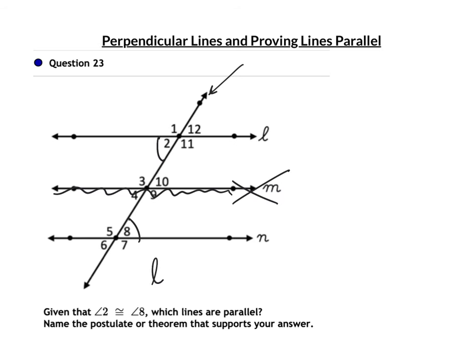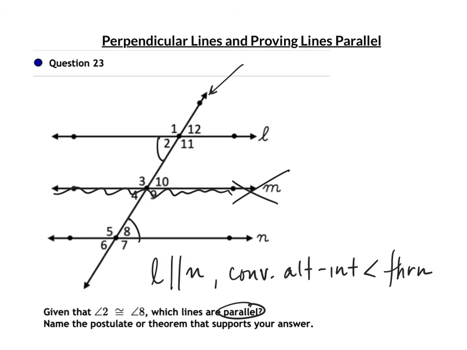I know that L would be parallel to N, and that is because those are alternate interior angles. So it's the converse, because I'm concluding lines are parallel, of the alternate interior angle theorem.